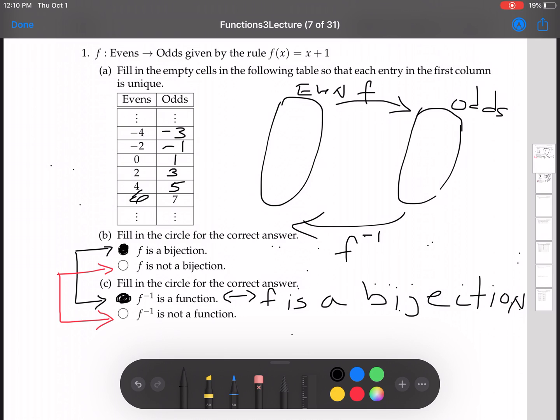F goes that way, f inverse goes that way. So the inputs to f inverse are now the odds, and what are the outputs? The evens.